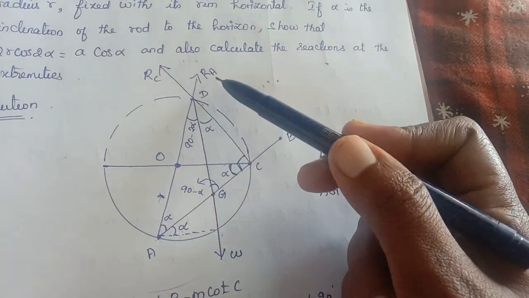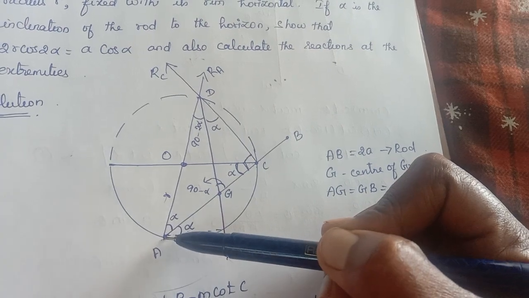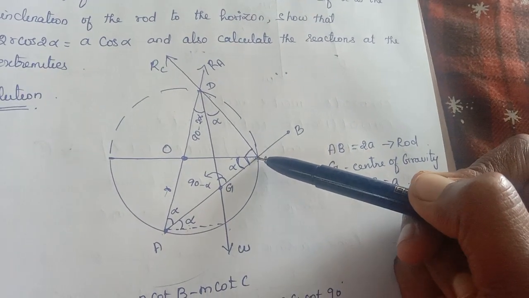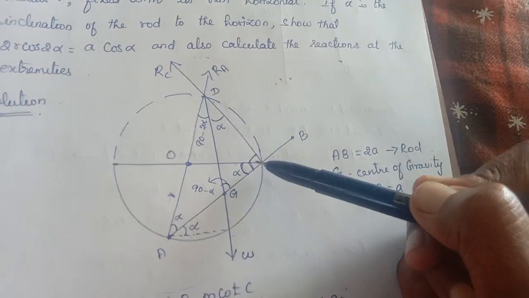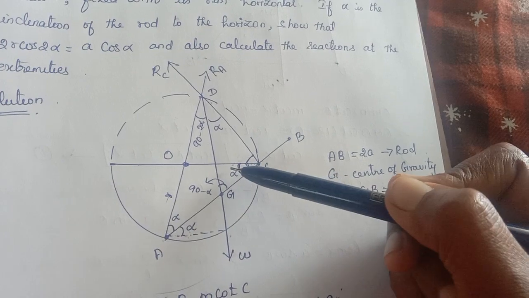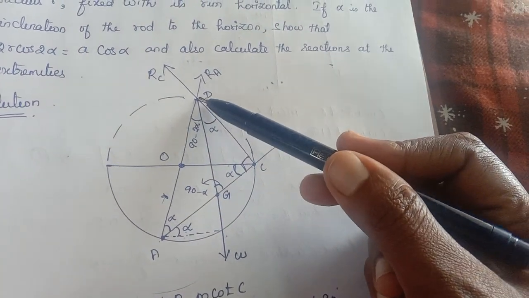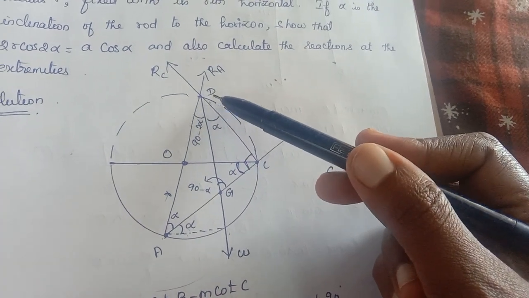So this is reaction RA, which is along the diameter from A. And from here, this is on the boundary, so here the reaction will be perpendicular to the rod. So the reaction at C is RC. Since the three forces keep the body in equilibrium, all three forces must meet at a point. So let us extend W also, they all meet at the point D.